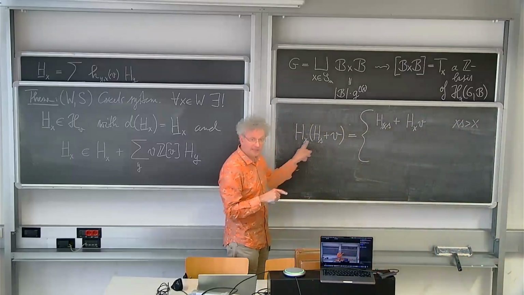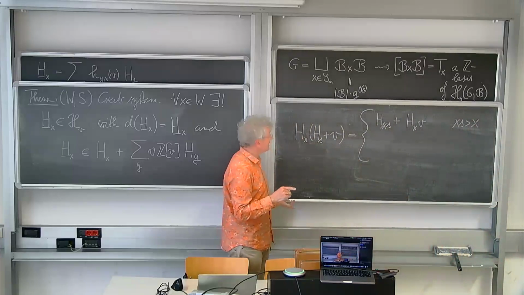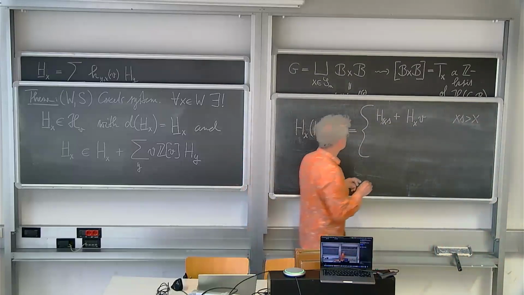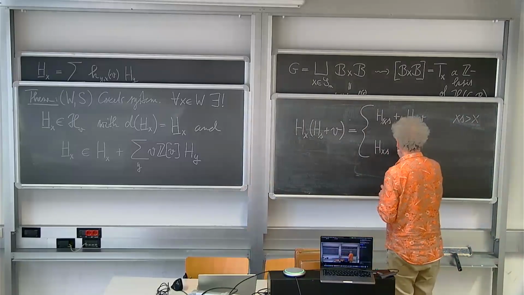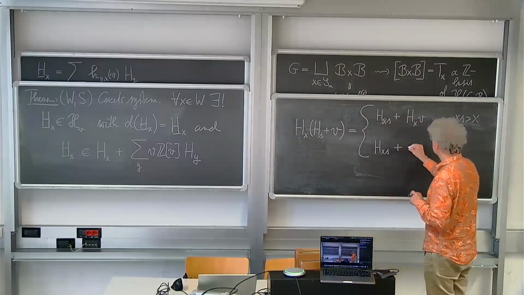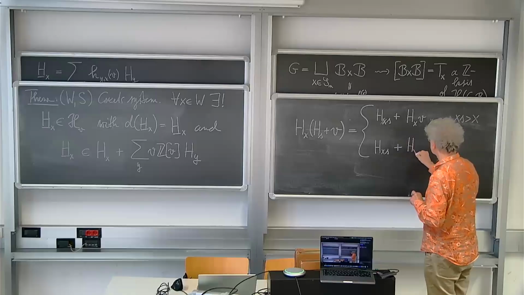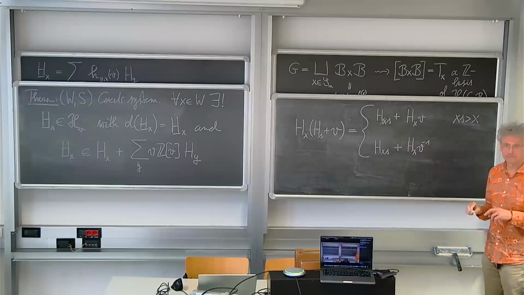If the lengths add up, the h_s times h_x is just h_{xs}. But if the lengths don't add up, things collapse a little bit, and you still get this leading term, but you get an x which stays behind, multiplied by v to the minus one.